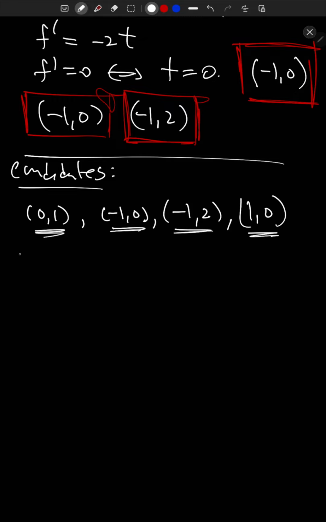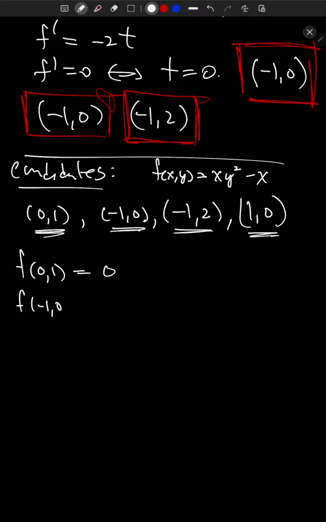So we just plug them all in, right? So this is why I hate even discussing the second derivative test for these problems, because why should I do the second derivative test to determine whether these are max or mins when I'm going to get all the information I need just by plugging in right now, right? F of 0, 1, again, I should write down f of x comma y is xy squared minus x, right? So f of 0, 1 is going to be 0.